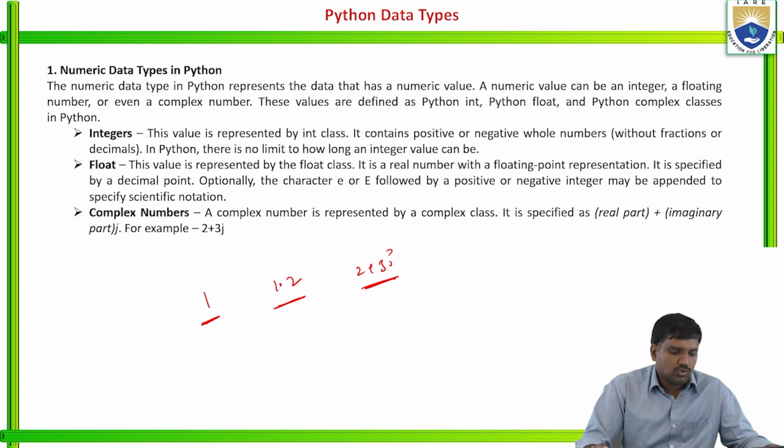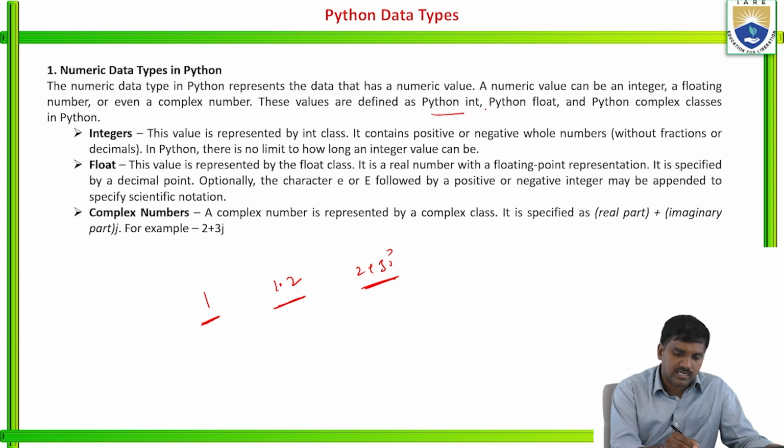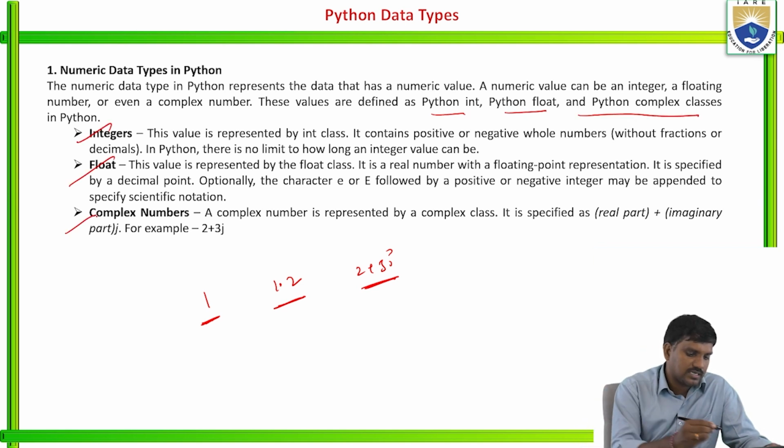The numeric data types in Python represent data that has a numeric value, whether 1 or 2 or 3 or whatever number, that is an integer or real number. A numeric value can be an integer, a floating value, or an imaginary value, a complex number. These are defined in Python as the int class, the float class, and the complex class. So it is integers, float values, and complex numbers.